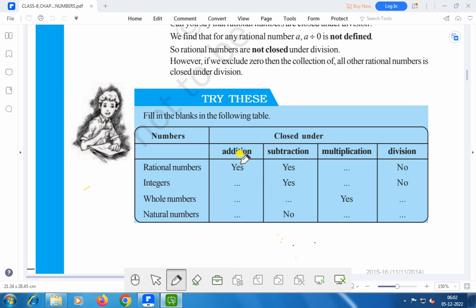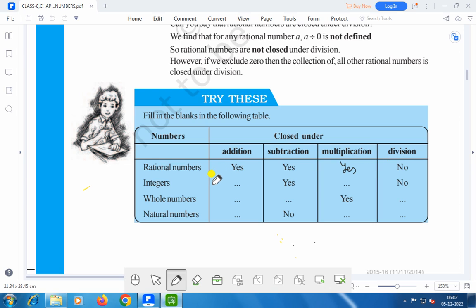The rational numbers are closed under addition, subtraction, multiplication, yes. Closed under division, that is no.